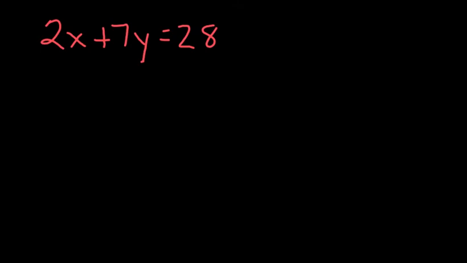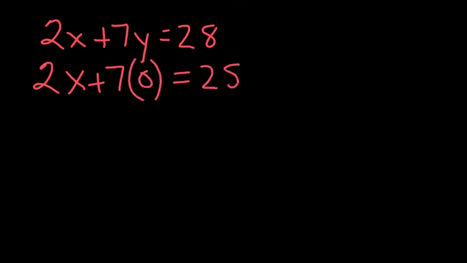So here is what you do, okay? To find the x-intercept, we're going to put 0 in y's spot. So we're going to say 2x plus 7 times 0 equals 28. Now, when we go 7 times 0, isn't that whole thing going to be 0?